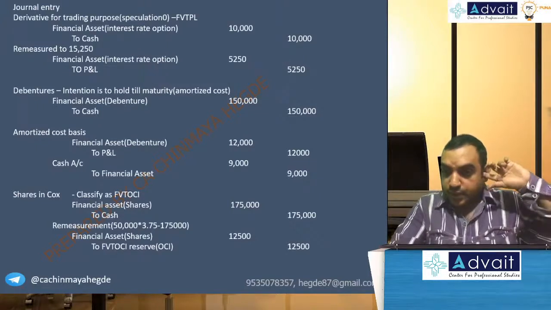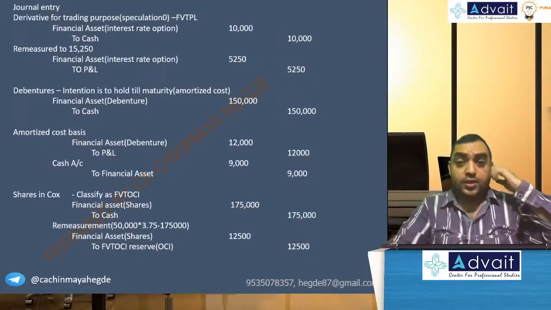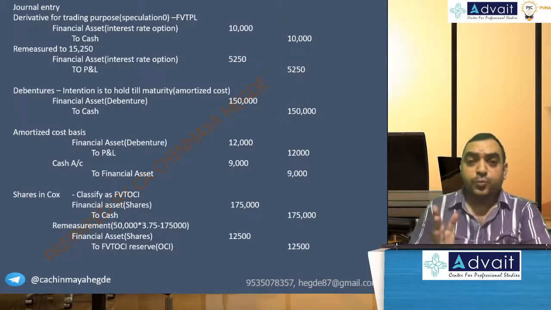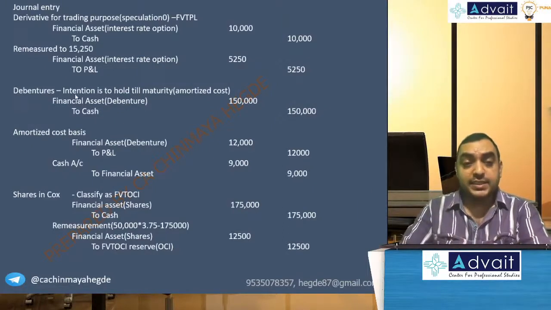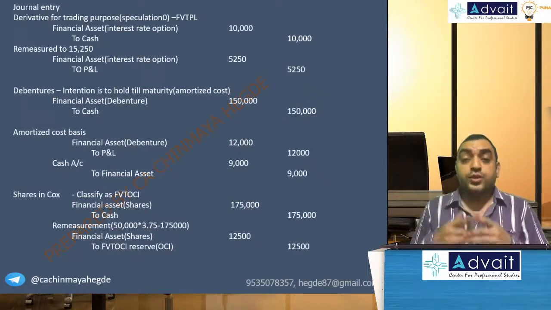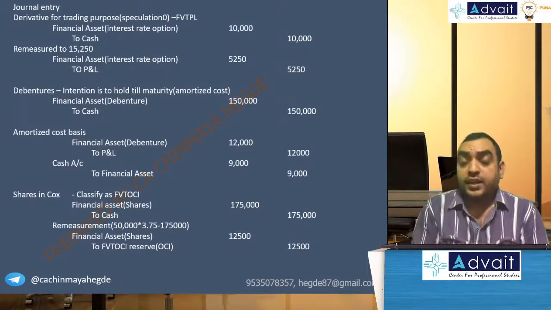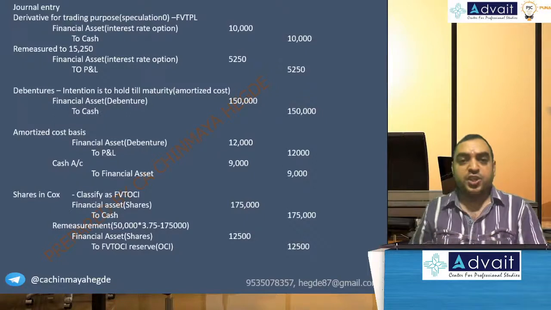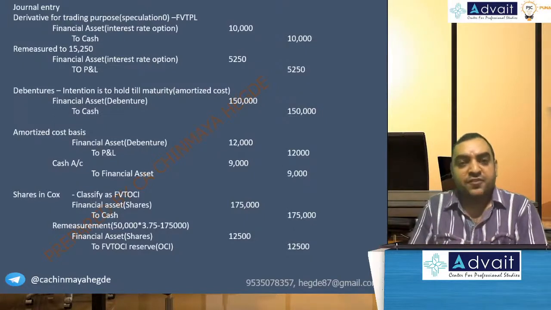So could you repeat why shares is in FVTOCI? Because they said in the problem they will take it to P&L unless it is unavoidable. So they don't want to go to P&L unless they are forced into it. If they have another choice, they will go for the other choice. Equity shares can be classified as FVTOCI, that option is there in the standard.